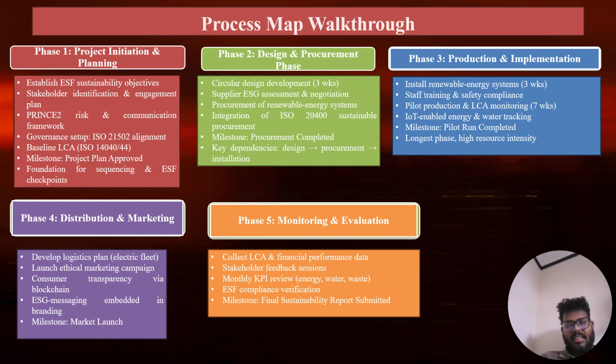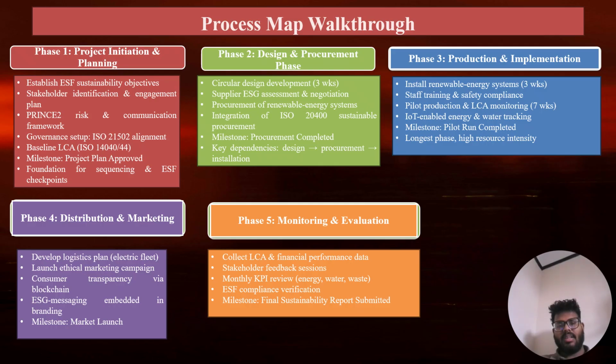Once designs are validated, procurement of renewable energy systems and closed-loop equipment begins. In MS Project, design outputs must be completed before procurement can proceed. This phase ends with the milestone procurement completed.